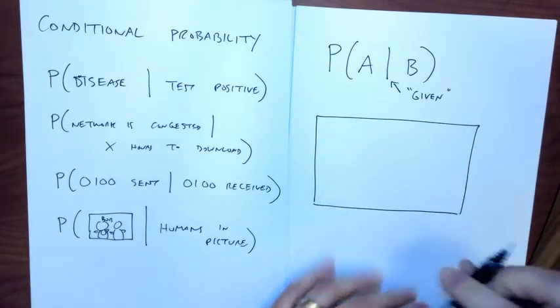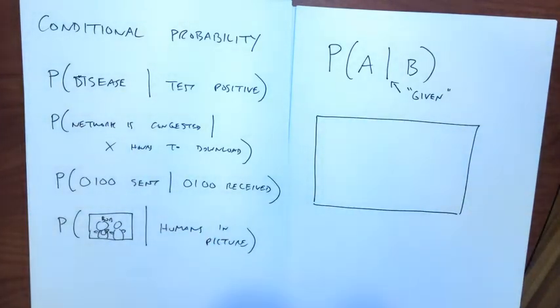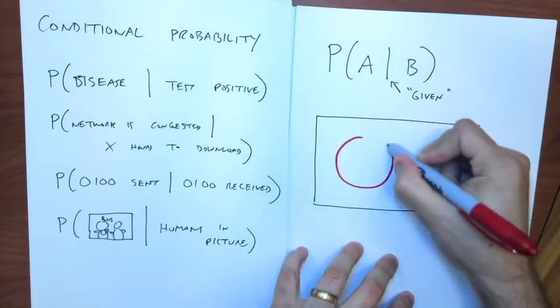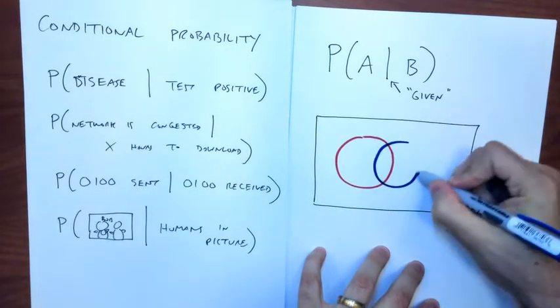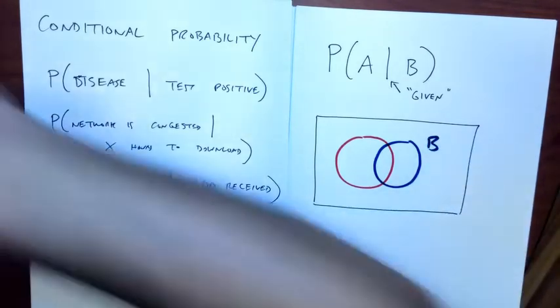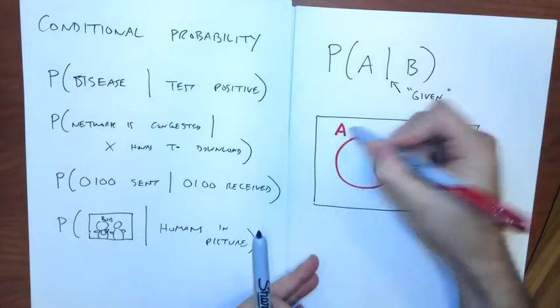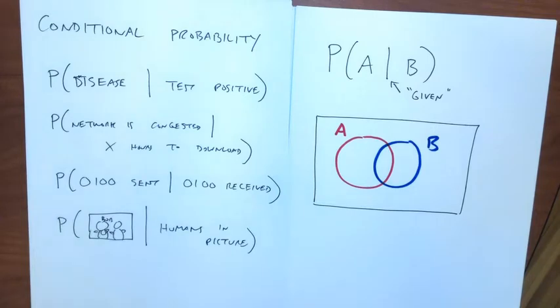So if I have two events A and B, here's A and here's B. Now I tell you that B occurred, right? You know that you're somewhere in that blue circle. What's the probability then that A occurred?